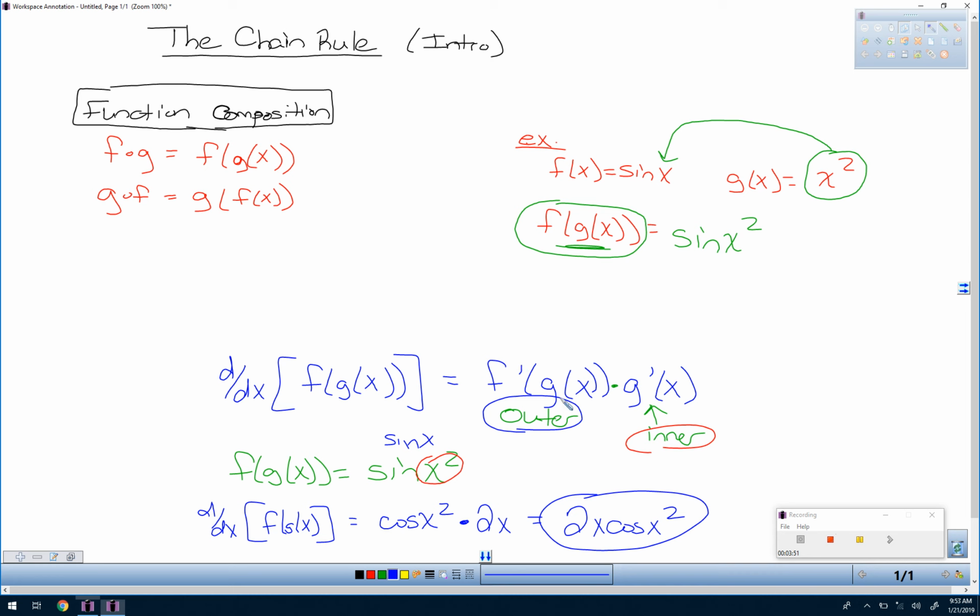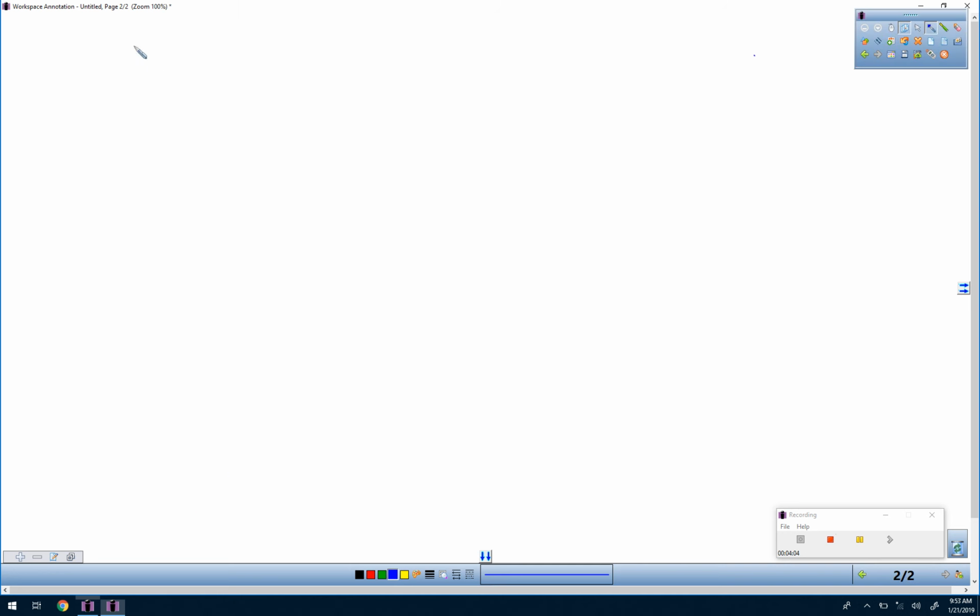All right, let's take a look at some other examples. Let's try another one. Say I gave you the function (3x minus 2x squared) to the third power. This would be chain rule, because you can clearly see there is a function inside of another function.